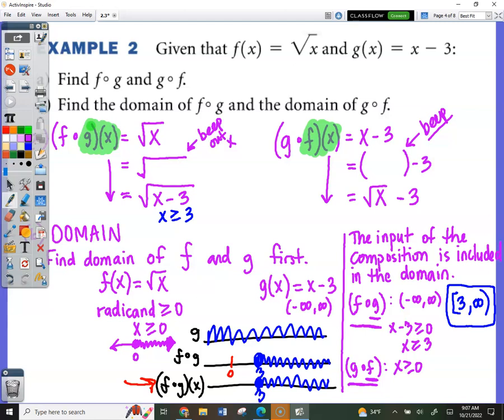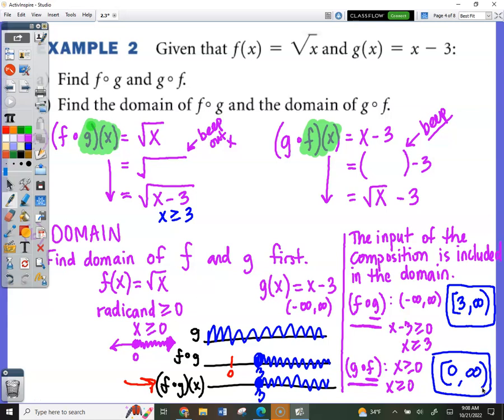Look at the whole equation. You still only have the square root of x, so you're still going to have a domain of x is greater than or equal to 0. So in this particular case, because they match up exactly, this answer is easier. So the domain of the composition would be that it starts at 0 and runs to infinity after parentheses.